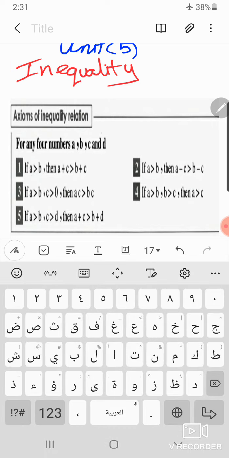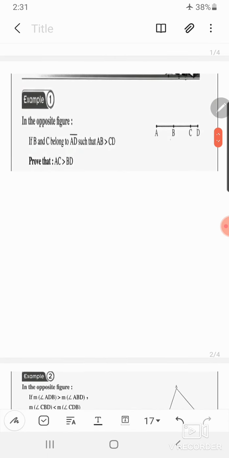In this example, in the opposite figure, B and C belong to AD. What is the meaning of belongs? On the same straight line, such that AB is greater than CD. Here you have AB and CD.